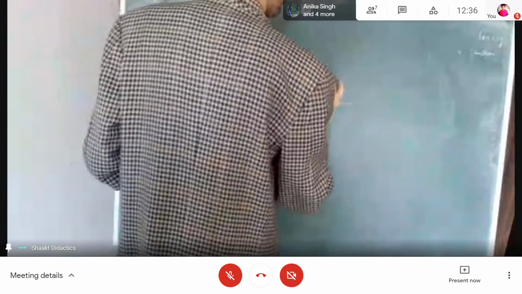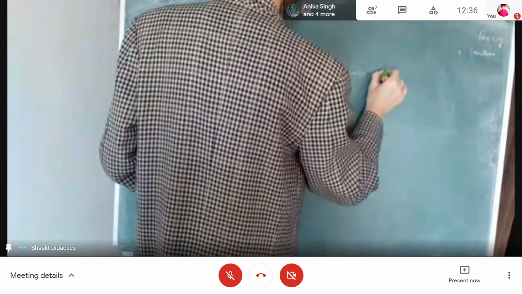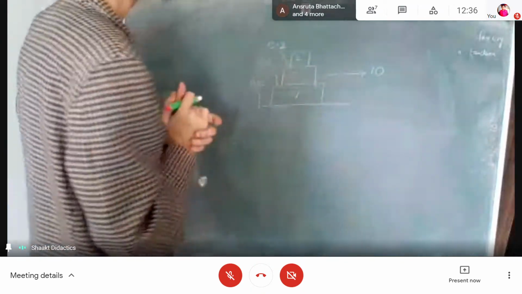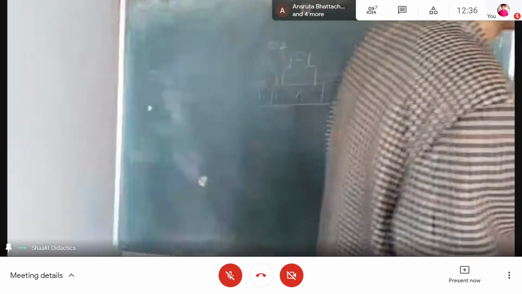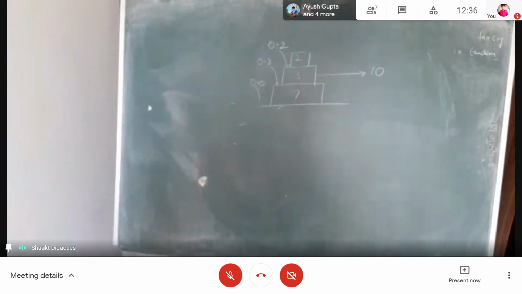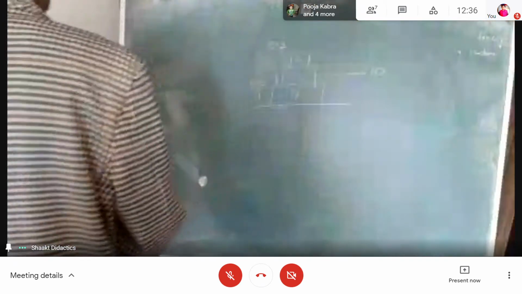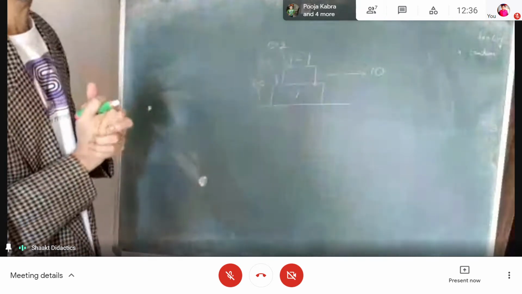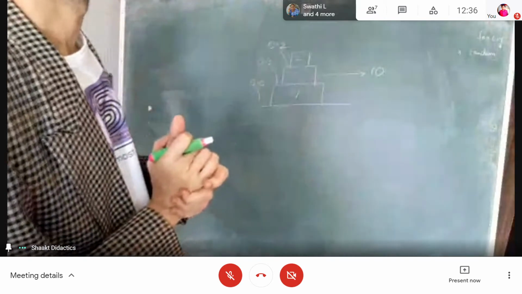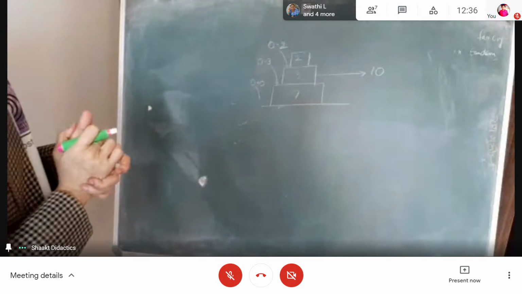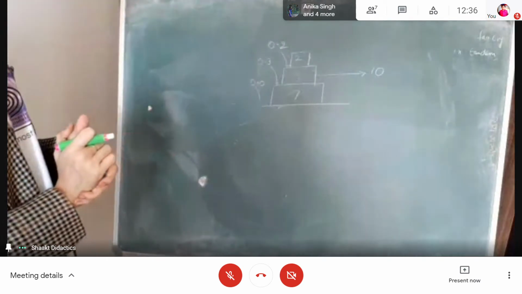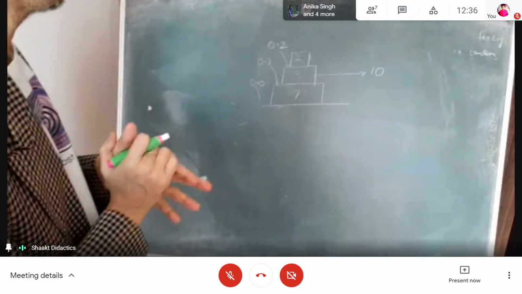Applied on 3 kg, 10 Newton. Okay? Tell me, what shall I do? I'll begin with Anika. First we can check if there's relative motion between the bottom two, 3 and 7.